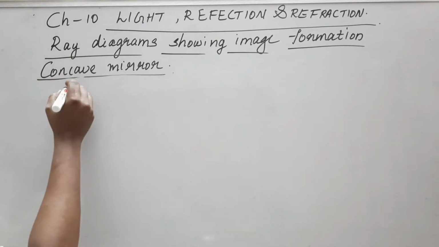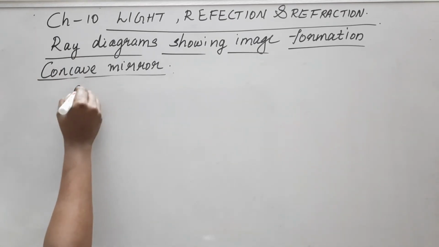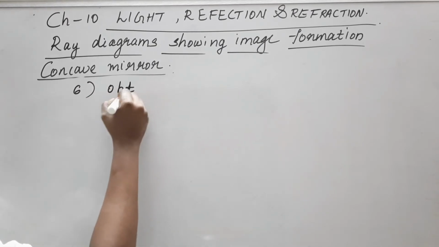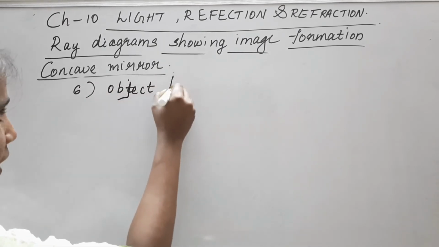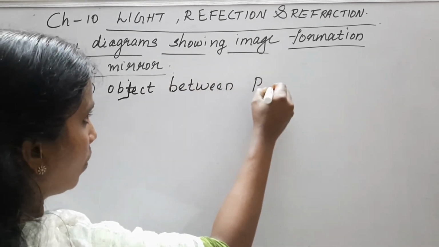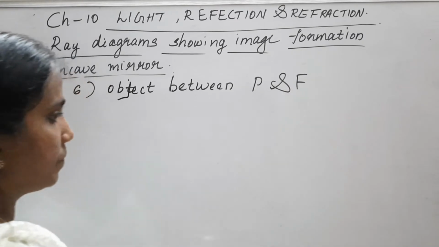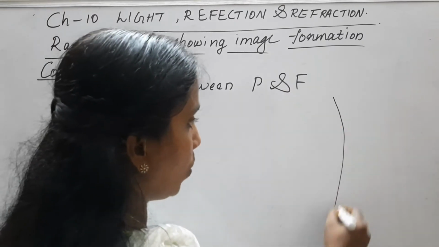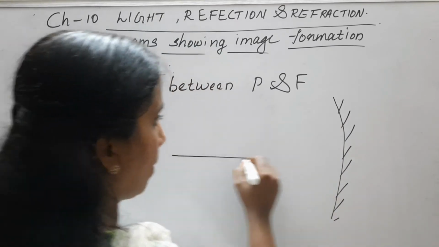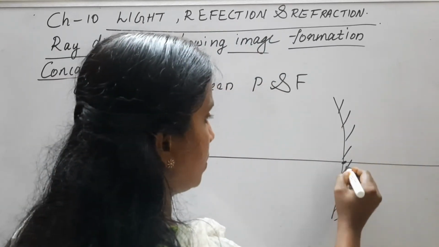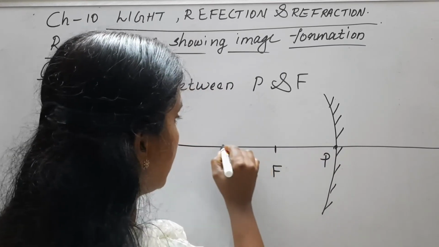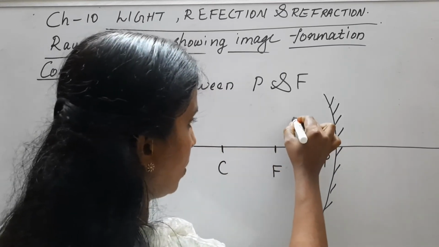Here we draw the ray diagram. Now this is pole, focus, center of curvature.